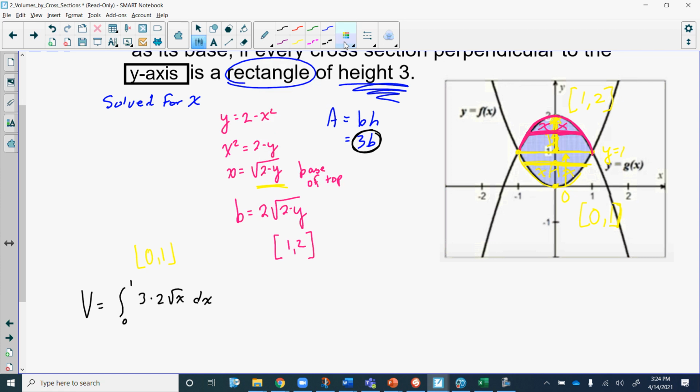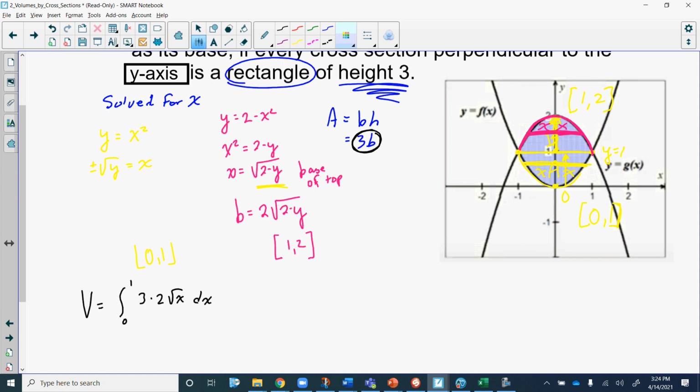But solve for x, so we had y is equal to x squared. So we take the square root of both sides, so that'll give me the square root of y, positive or negative, to be equal to x. And again, I have 2 of those.